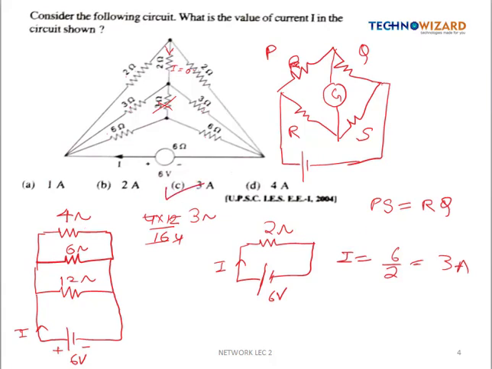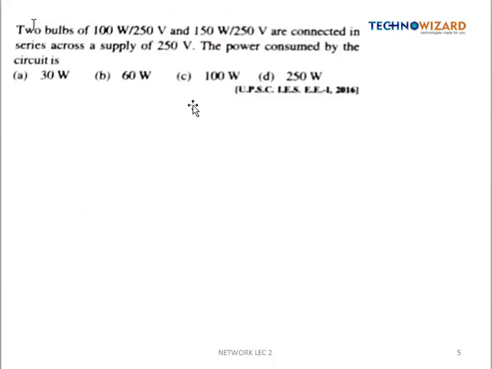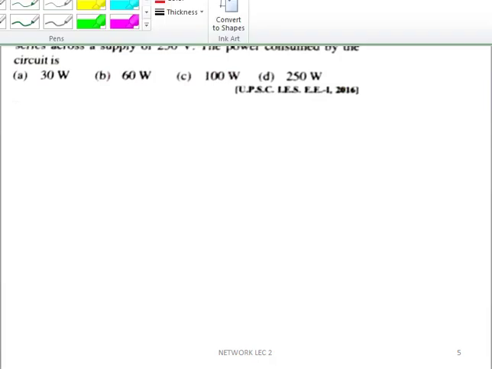So let's see our next question. Okay, so this is the next question: two bulbs of 100 watt, 250 volt and 150 watt, 250 volt are connected in series across a supply of 250 volt. The power consumed by the circuit is? Okay, so let's first draw a bulb.